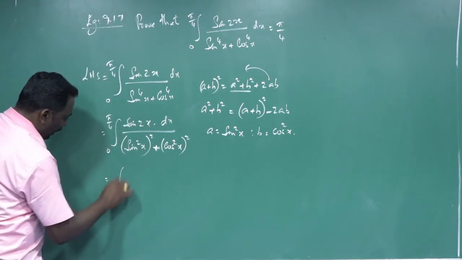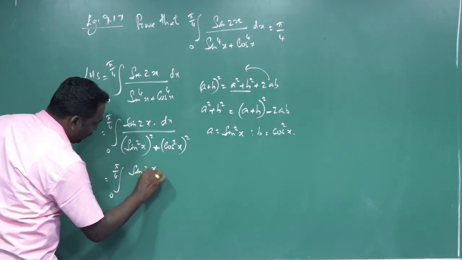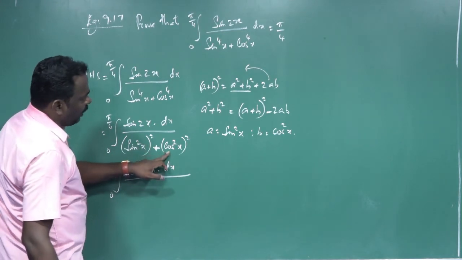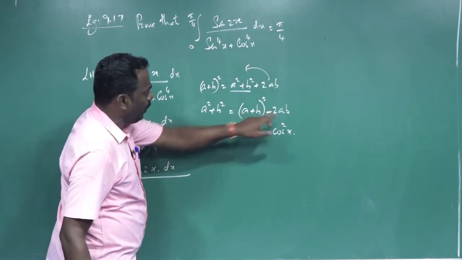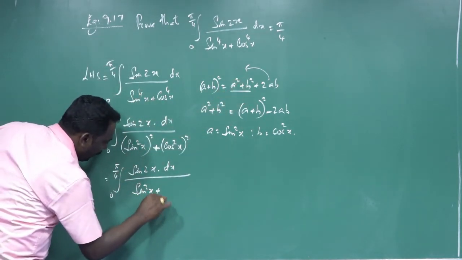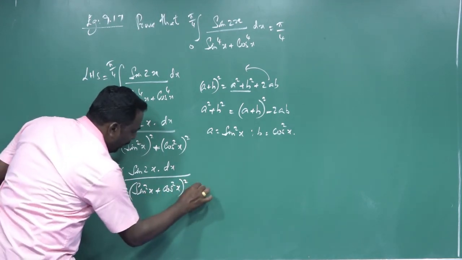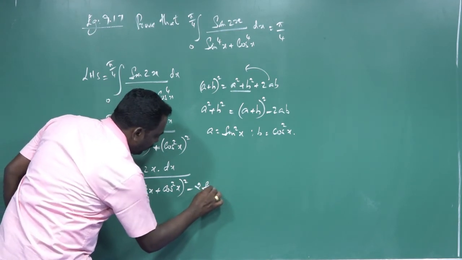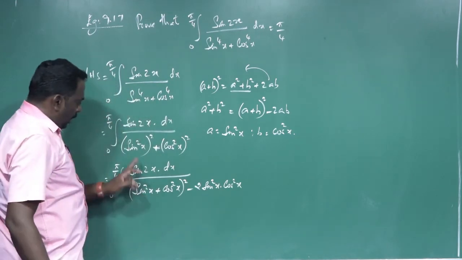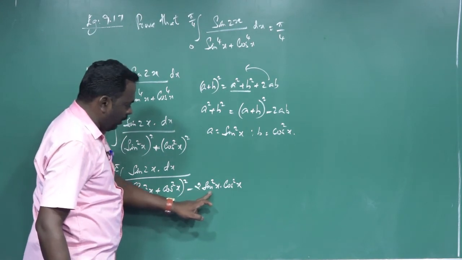So that is equal to integral 0 to pi by 4 as it is, numerator sin 2x into dx as it is by, then a square plus b square is equal to (a plus b) whole square minus 2ab. Here what is a plus b? A equal to sin square x plus cos square x. (a plus b) whole square minus 2 into a into b, sin square x into cos square x.